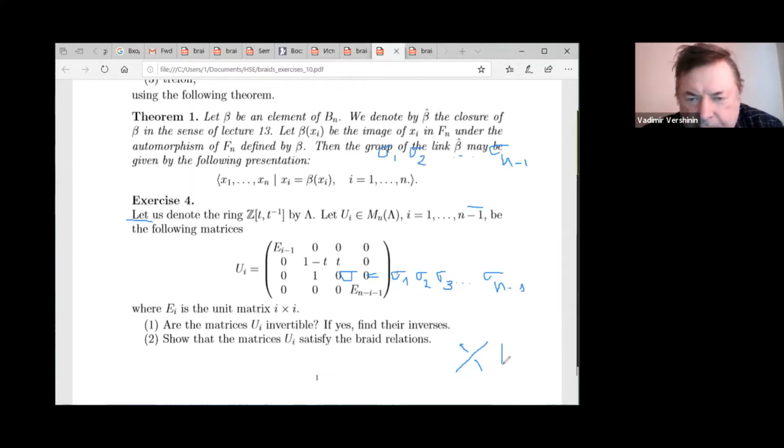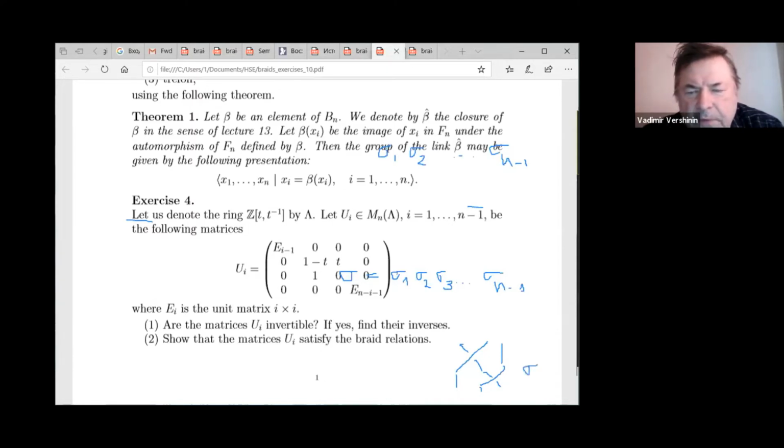This is sigma 2. Okay, so this is simply sigma, nothing special.